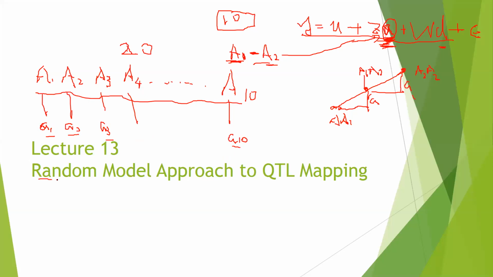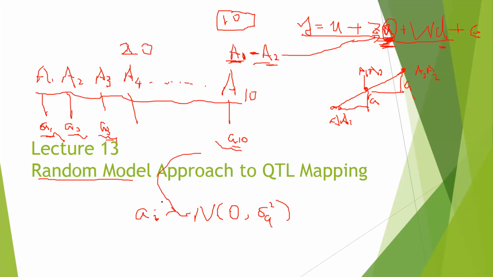However, in the random model, if we assume that any of these a_i, i equals 1 to 10, comes from a normal distribution with mean equal to 0 and a variance of sigma_A squared, then those are all realized data from this distribution.